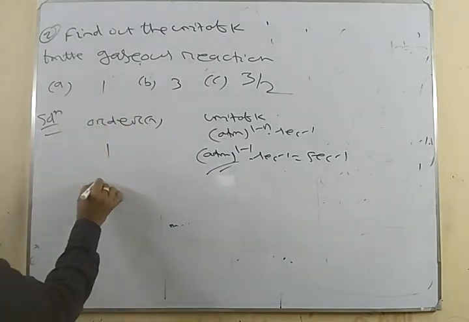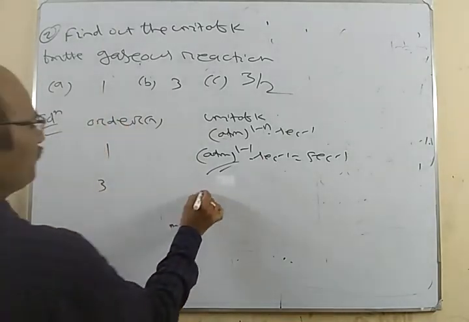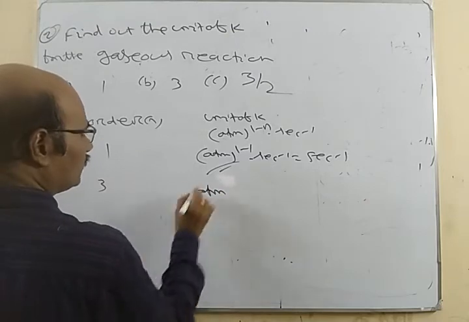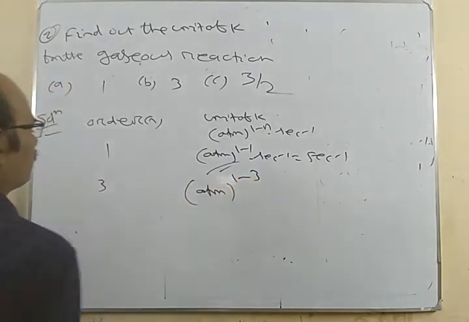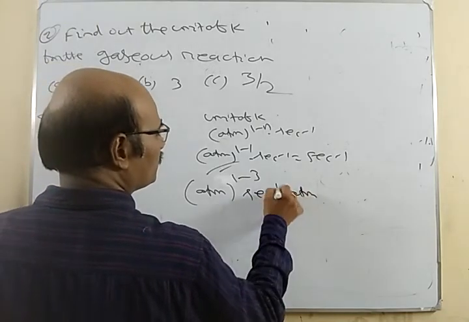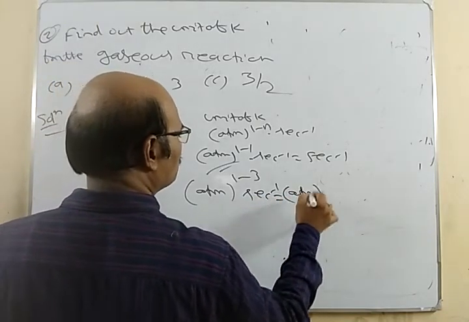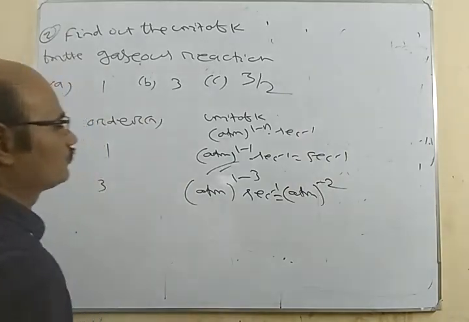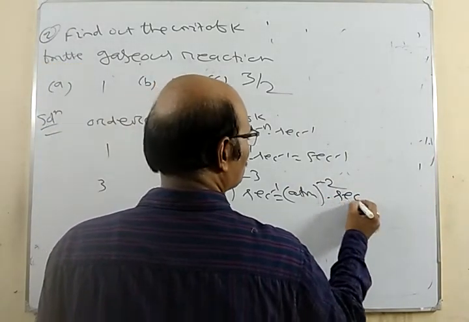Now for order 3: atmosphere power 1 minus 3, second inverse, that is atmosphere power minus 2 into second inverse.